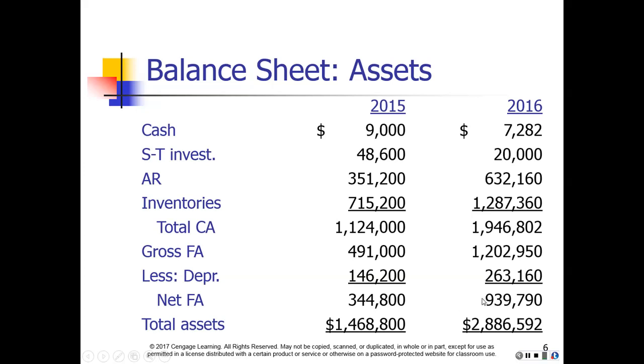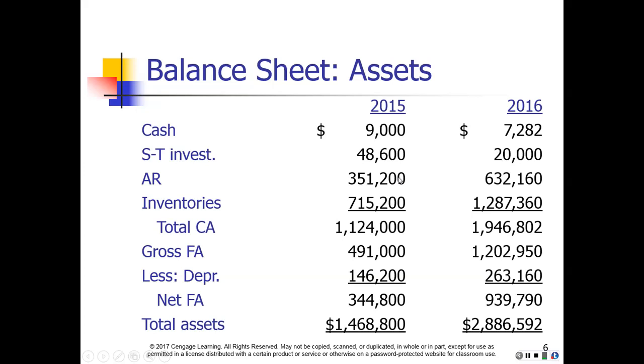We had kind of concluded that looking at the income statement and seeing that the depreciation amount had jumped quite a bit, and the interest amount had jumped quite a bit. So anyways, we can see that net fixed assets has gone up quite a bit.